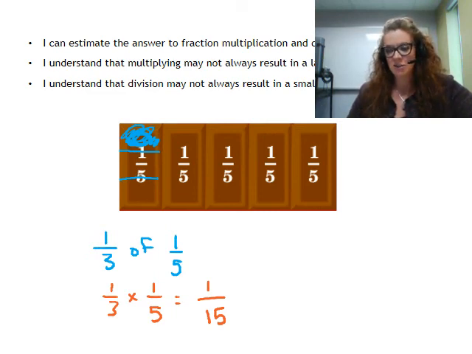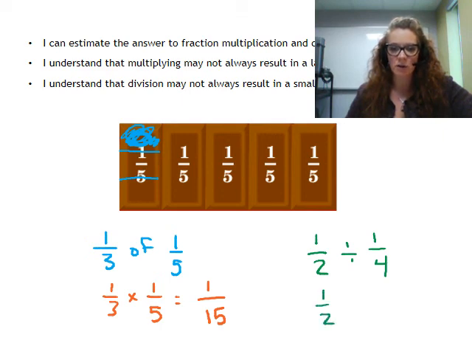And same with division, because division is the same thing, except you're doing that reciprocal deal. If I'm going to take half of the chocolate bar and divide it by a quarter, that means I'm taking a half of the chocolate bar and multiplying it by 4/1.